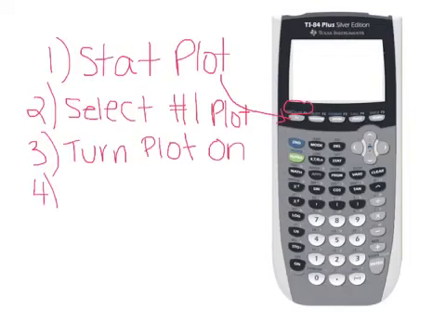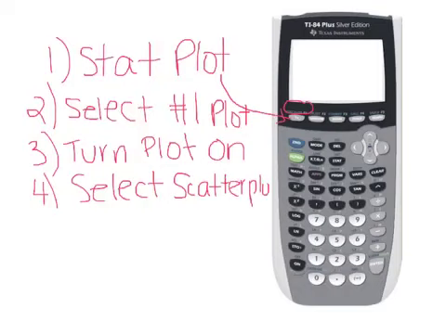And you're going to make sure you select the scatter plot graph. You can use your arrow keypad to highlight the scatter plot and then press enter to select it.